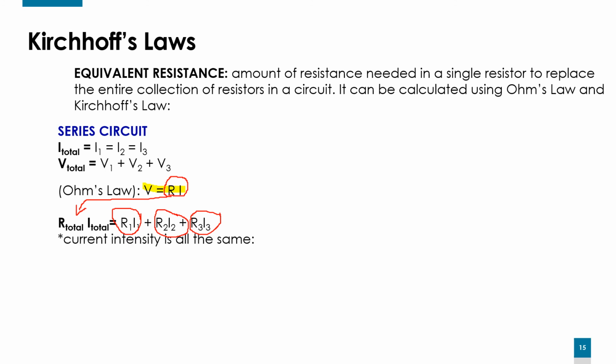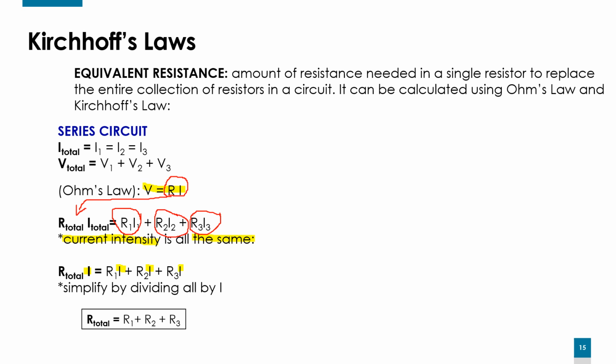But I know in a series circuit, the current intensity is all the same. So I'm going to replace the I's by just I because they are all the same. And if I simplify this by dividing everything by I, I get that my total resistance is the sum of my resistors. R1 plus R2 plus R3. Keep that for now. You don't need to do this calculation. I'm just showing where this comes from.